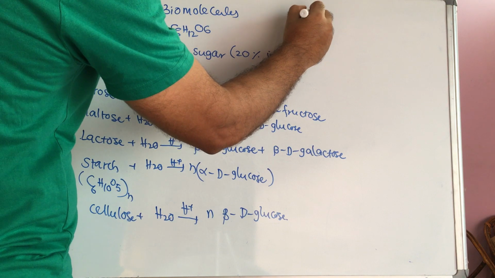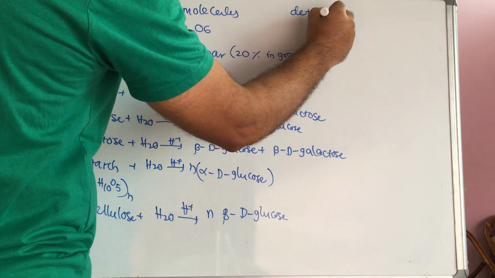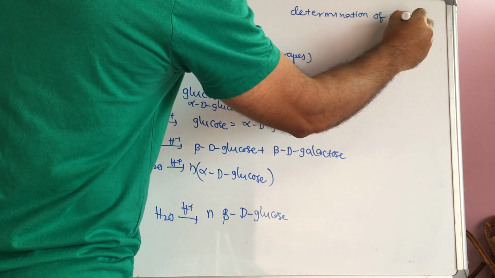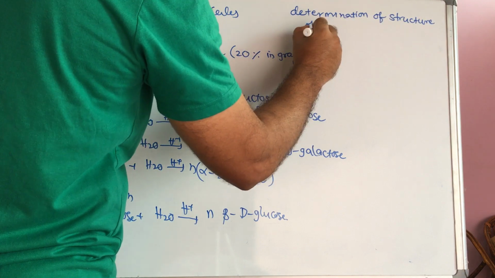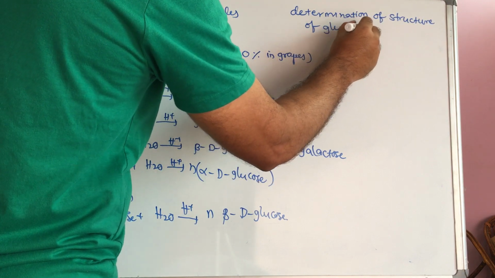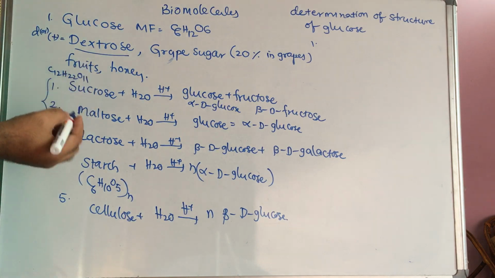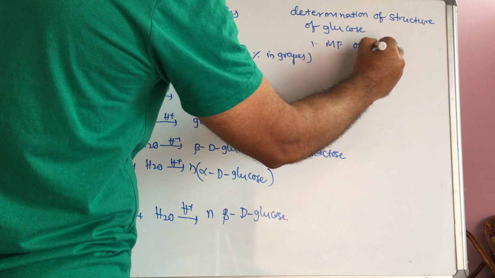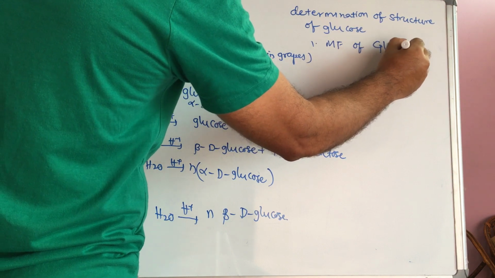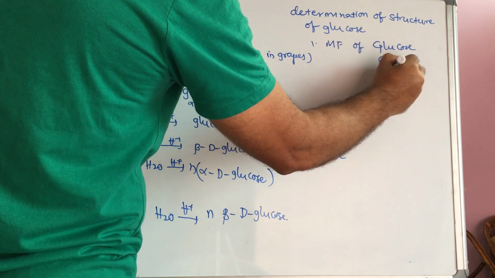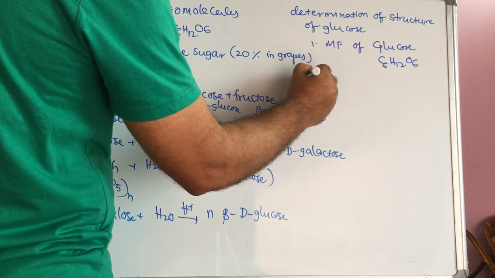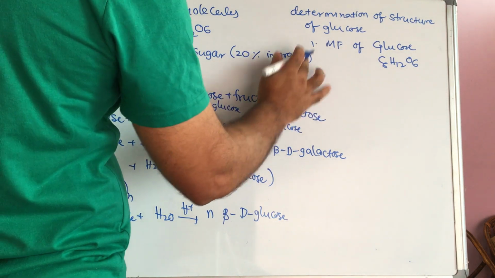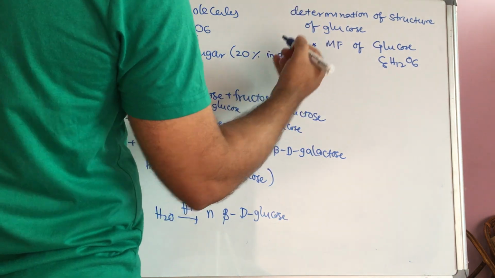In the determination of the structure of glucose, the first point is that we know the molecular formula of glucose, which is C6H12O6. Then what is the exact structure? How to determine it? This is not considered a point, we just know it.